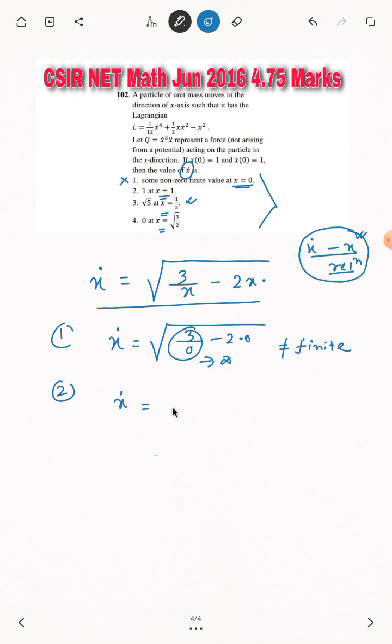Let us put x equal to 1. Root over 3 by 1 minus 2 into 1. That will be root 3 minus 2, that is 1. So obviously 2 is correct. Sorry, just a simple mistake earlier while putting x equal to half; we corrected that in a minute.